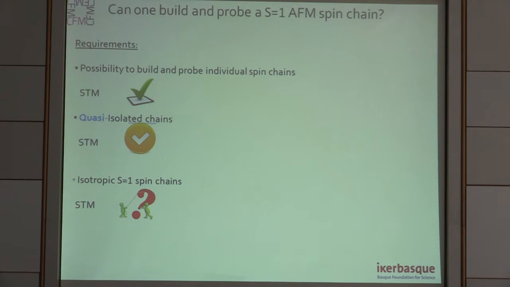So, as I said before, the question still remains as to what will be the perfect experimental candidate for having a spin 1. But for the moment, especially being a theoretician, let's forget about the complexity of the experimental problem, and let's consider that such a system can be built. So what properties can we expect?